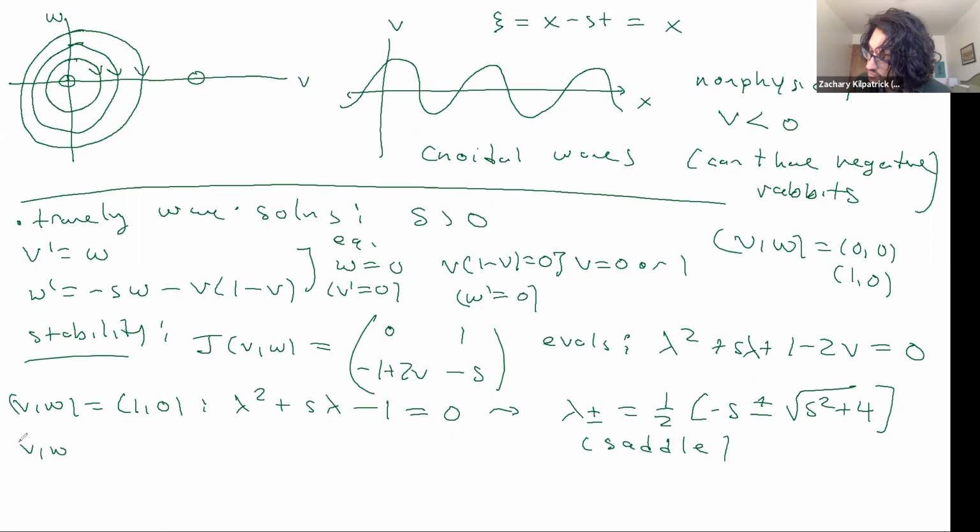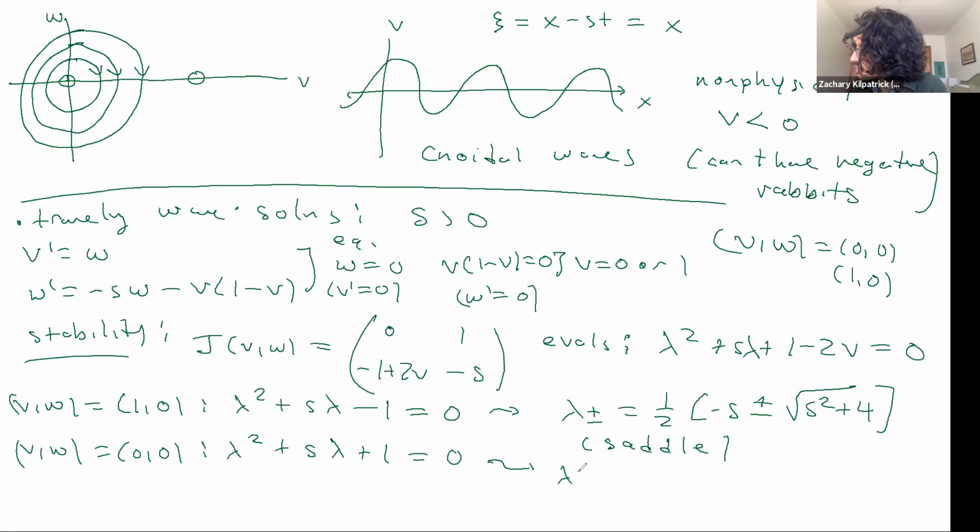What about (0, 0), okay? (0, 0) has the associated eigenvalue equation, lambda squared plus s lambda plus 1 equals 0, okay?